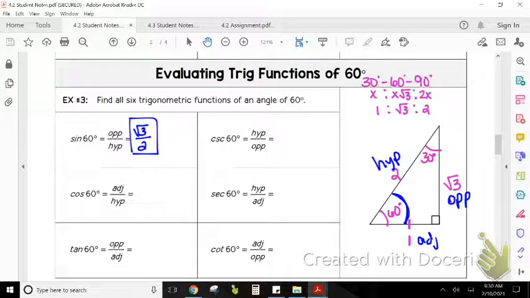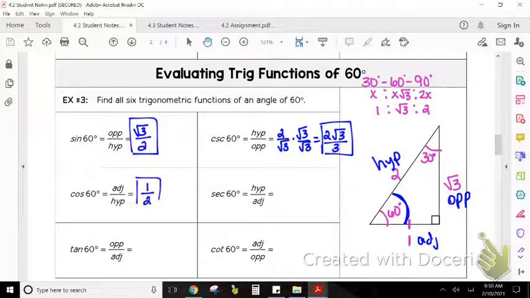Cosecant of 60 degrees is your hypotenuse over opposite. Can't have the radical on bottom. And we can't reduce it, so that's our answer. Cosine of 60 degrees is adjacent over hypotenuse. We can't reduce that.